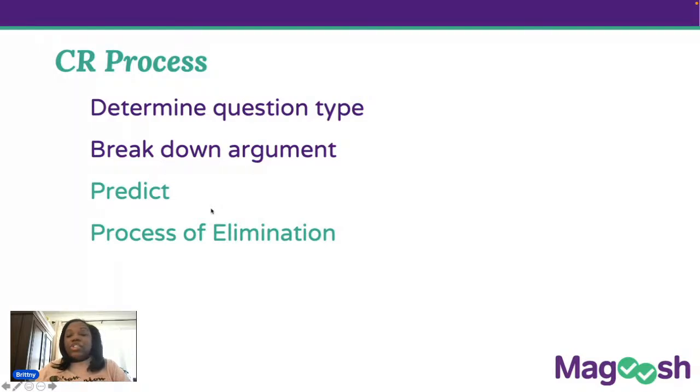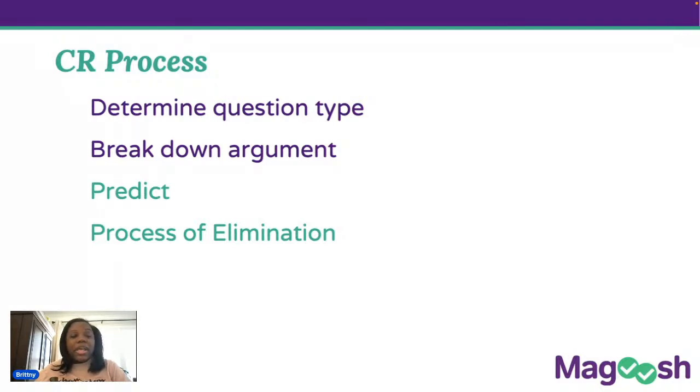Once you determine this is this type of question, now you know how to approach it. The next step is to break down your argument. We talked about those common flaws: the generalization flaw, the precision in language flaw, statistical flaws, correlation flaws. Those were the major common ones we went over.